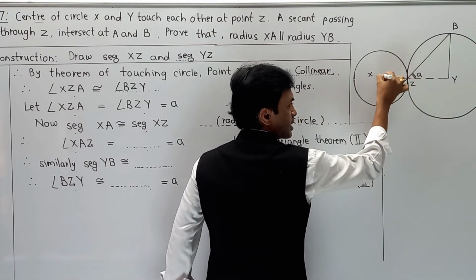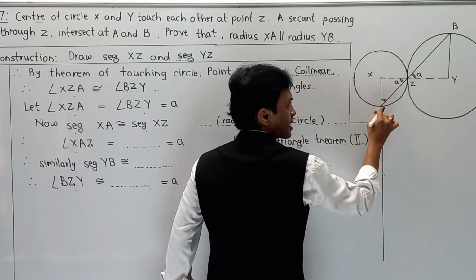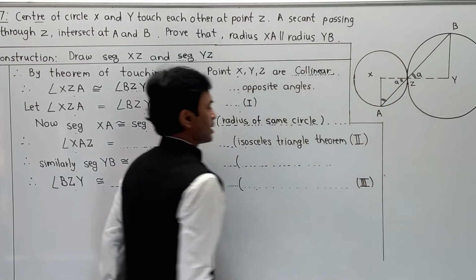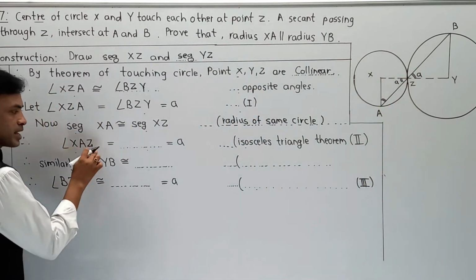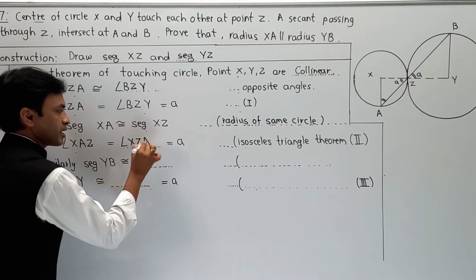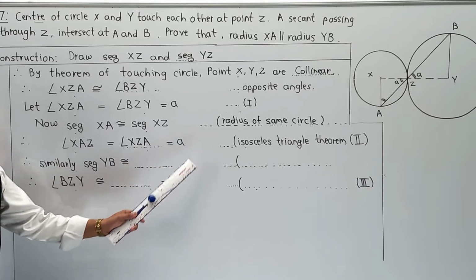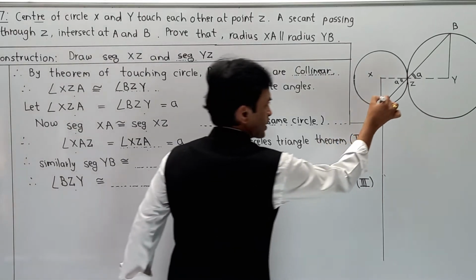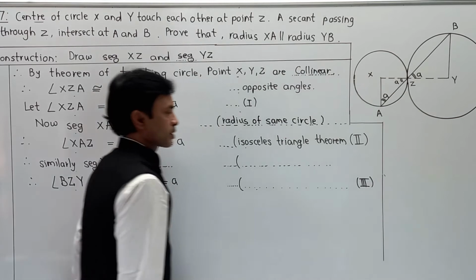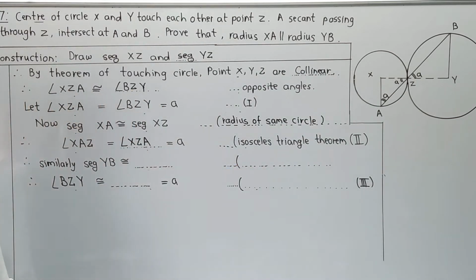Naturally, since XZ equals XA, this triangle becomes isosceles and angle XAZ equals angle XZA. So angle XAZ is equal to angle XZA, and this is the answer of the fill in the blanks, which equals A. Now they have taken it as A also, and the reason is the isosceles triangle theorem, equation number 2.